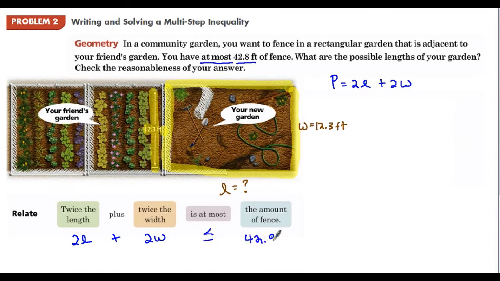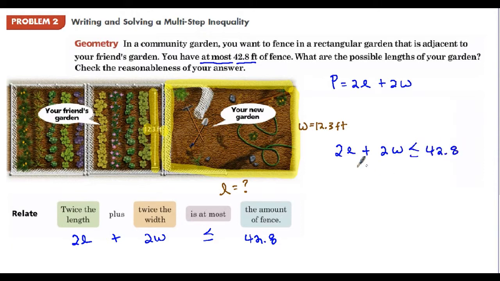When we use at most, that means that's going to be our inequality. We want our length and width to be below the 42.8. So we're going to write it down here: 2L plus 2W has to be less than or equal to 42.8.